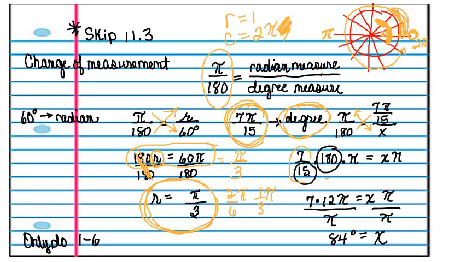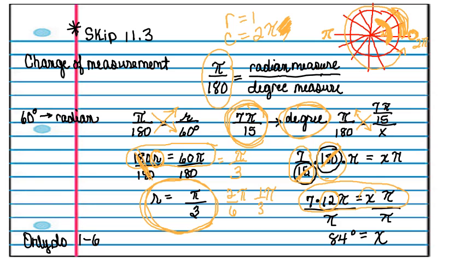I took the 7 over the 15, times it by the 180 and let it equal the r, and then of course pi times the x. Luckily 15 goes into 180, sometimes it's very nice, 12 times. And so this is what we had as a result.